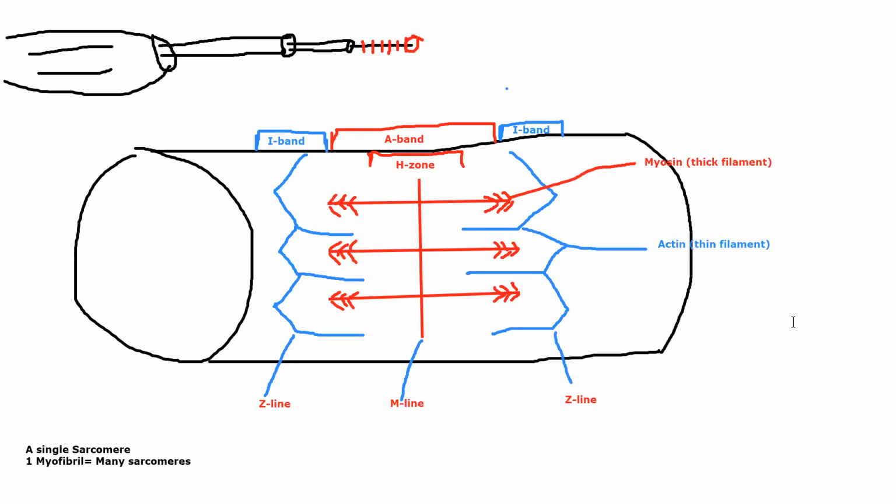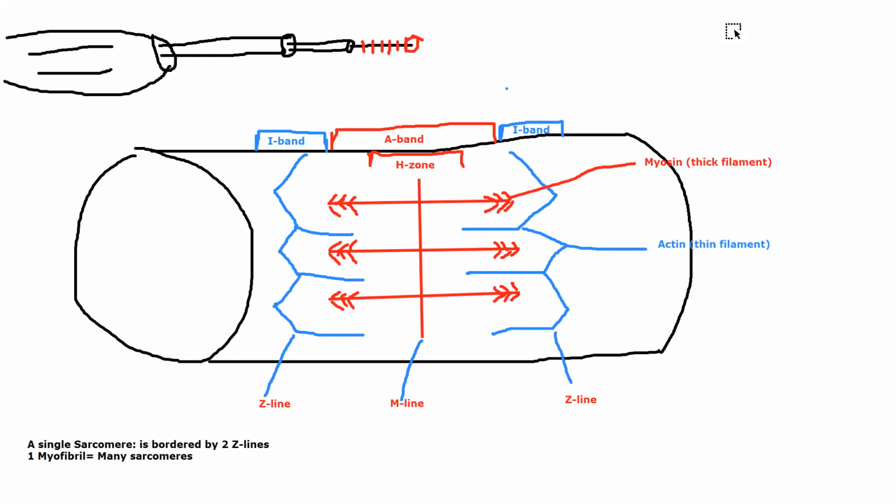All right. So let's just describe this a little bit. A single sarcomere is bordered by two Z lines. So we have a clear definition of what that sarcomere is.